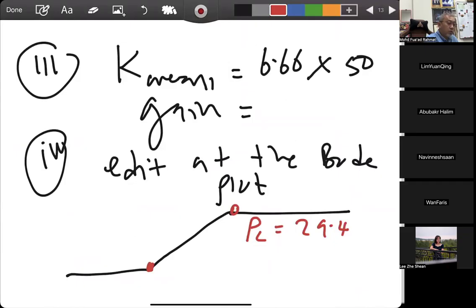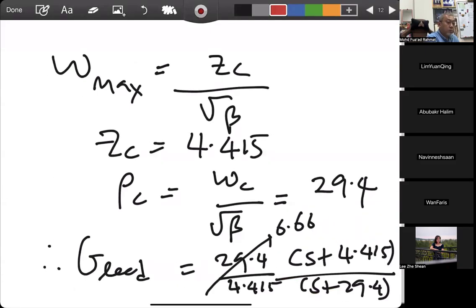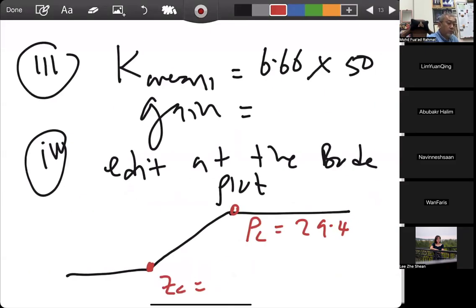You draw this on your Bode plot. ZC is 4.415. So this one is 0 dB.